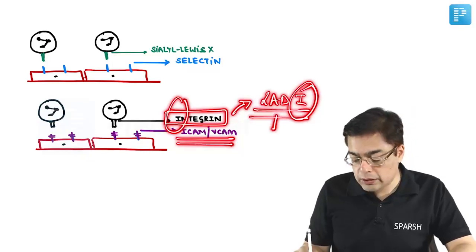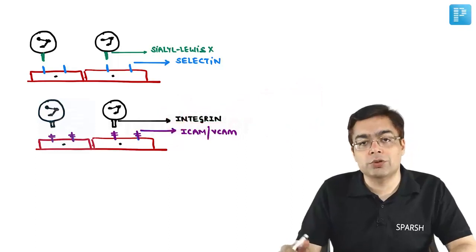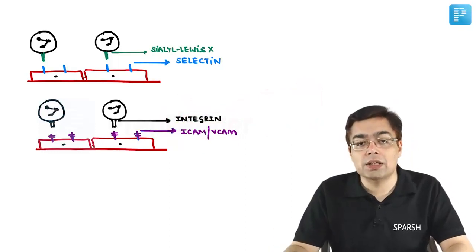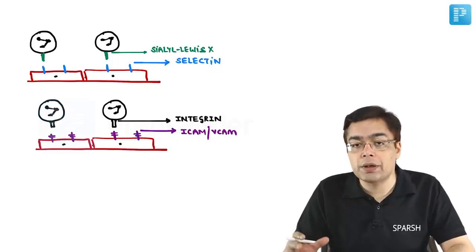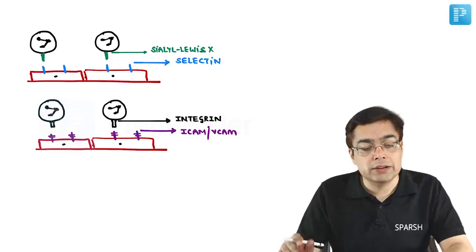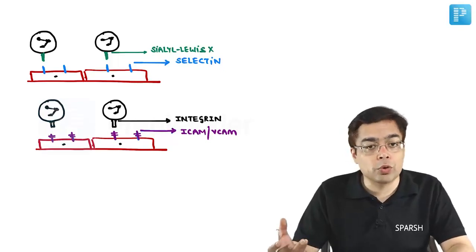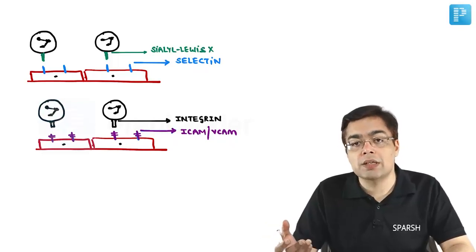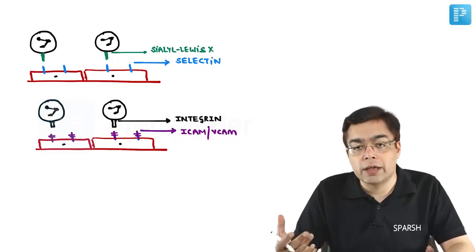Now recall that LAD 1 is associated with the clinical presentation of a child with a history of delayed separation of the umbilical cord at the time of birth. So pretty important history. These children have neutrophilia, even though there is scanty pus formation. They have a repeated history of infections.